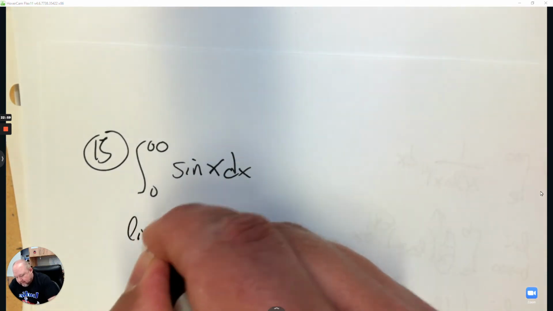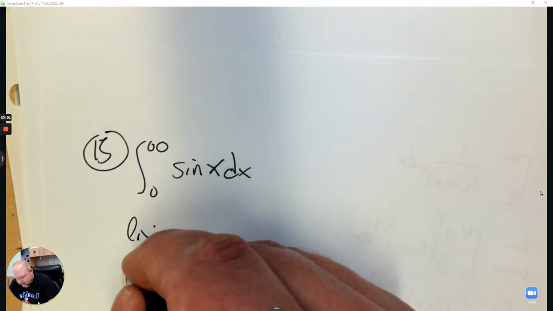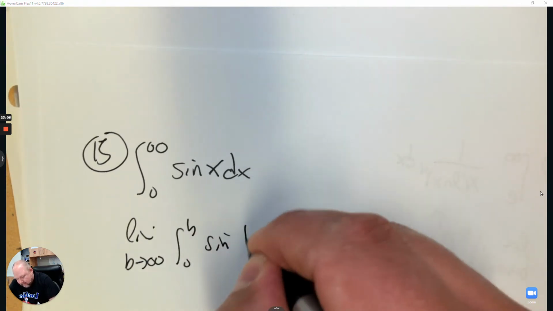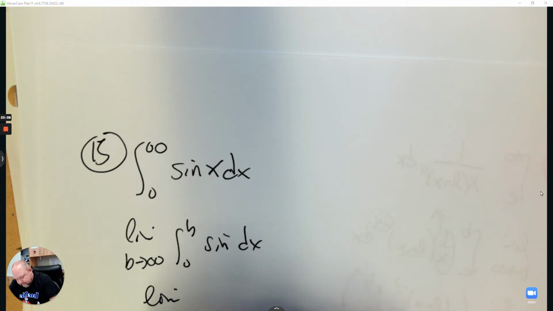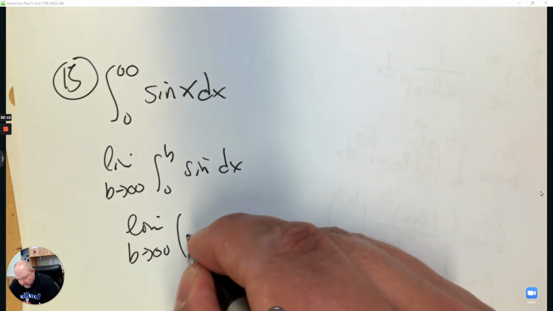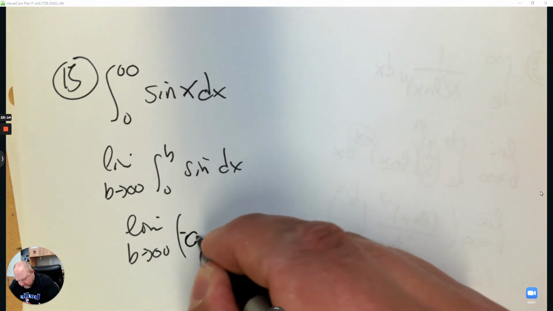All right, so we're still going to set it up as a limit as b approaches infinity. Then I'm going to integrate it. The integration of sine is negative cosine.